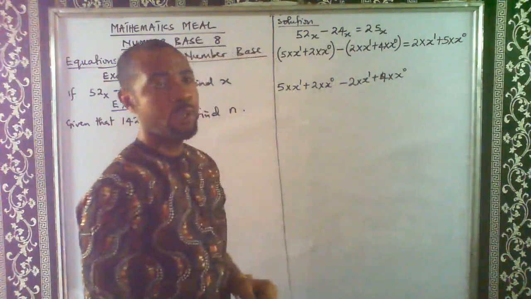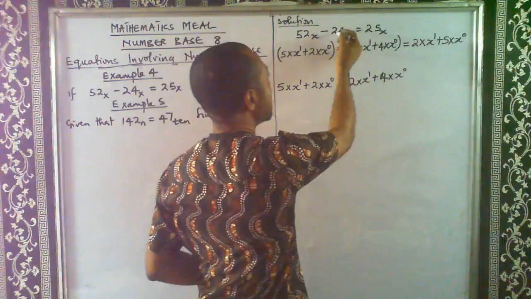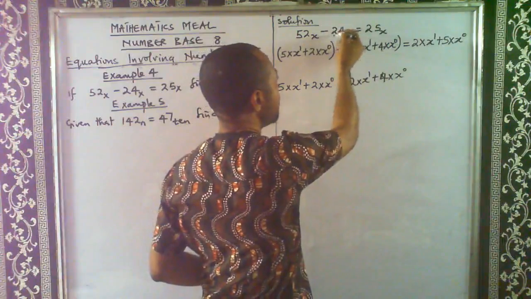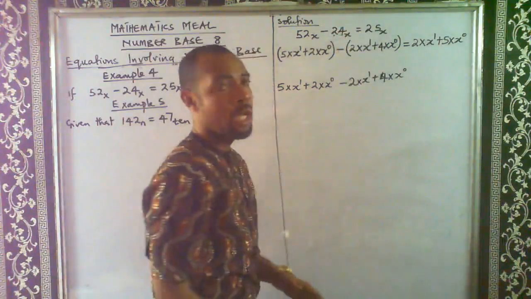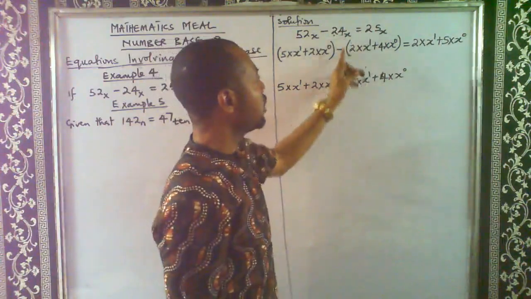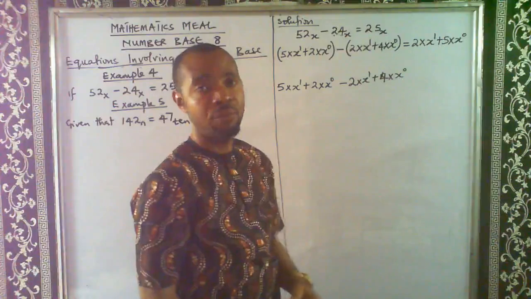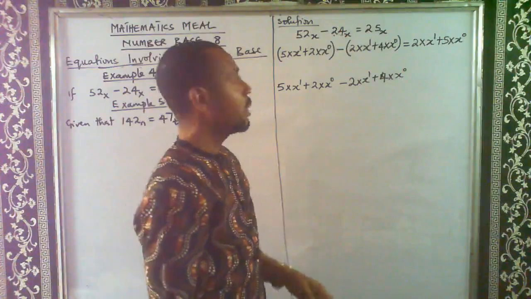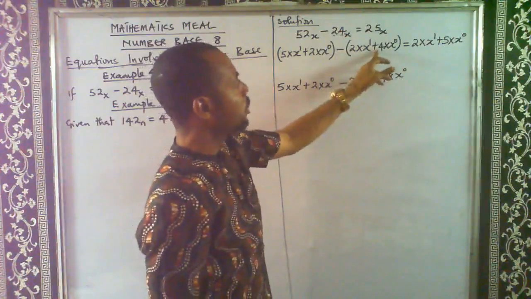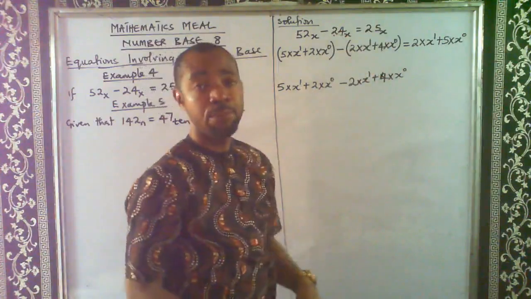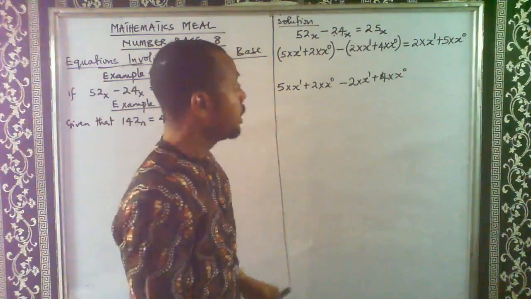Now, this is wrong because this negative sign is supposed to affect these 2 terms. So, in order to ensure that it affects both, you have to put them in a bracket. Very important, because by the time you expand, you notice that this will change the positive sign to negative. Please take note of that.